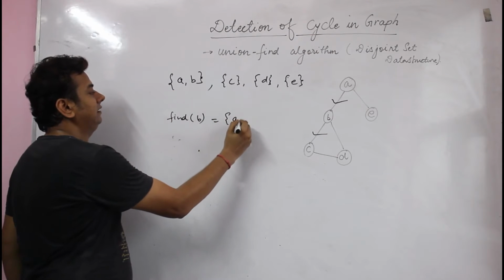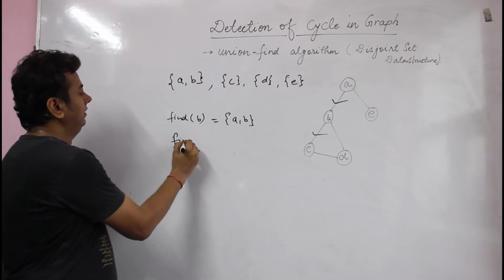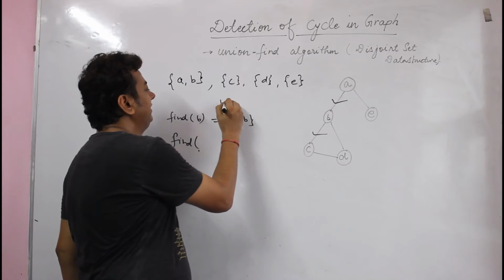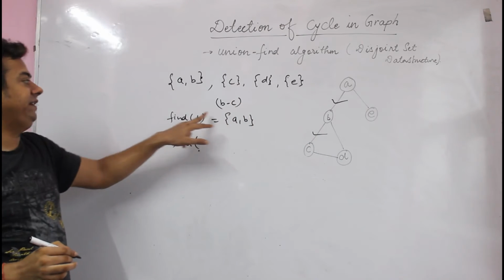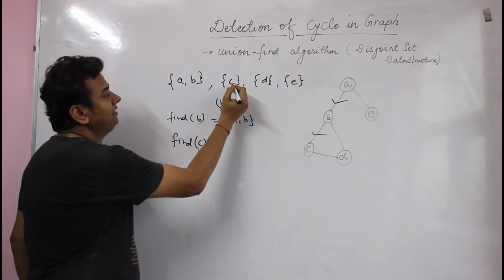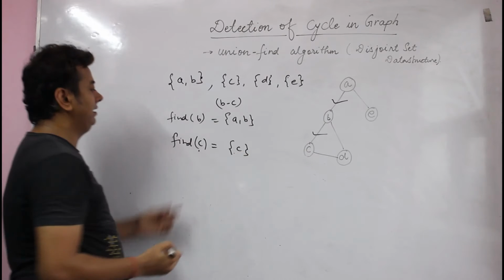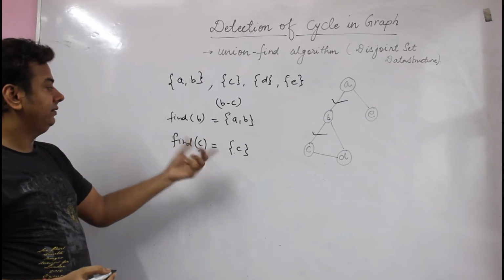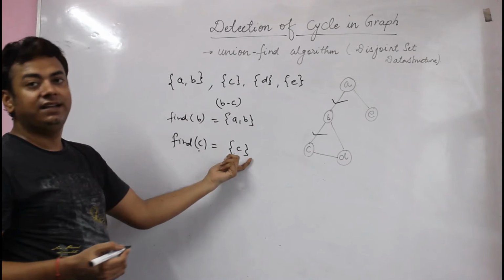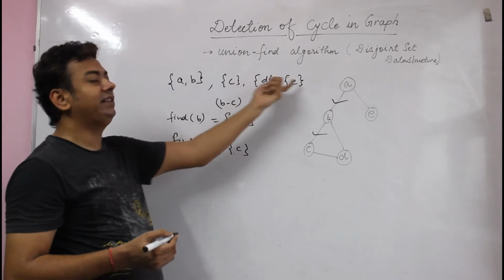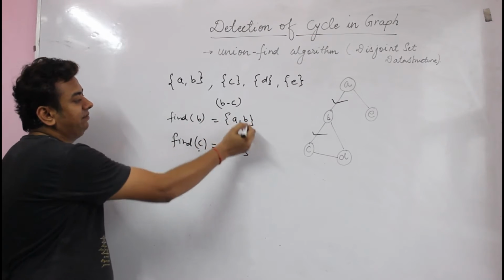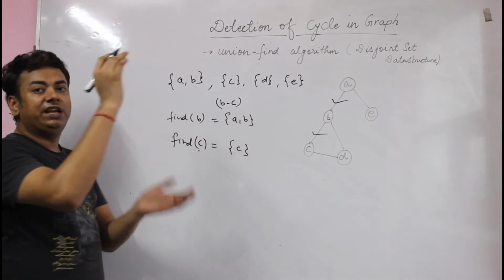Then we check for C. Find of C is this set, since the parent of node C is C, because initially the parents were the same. So now find B and find C are not the same, so these two will be unioned.